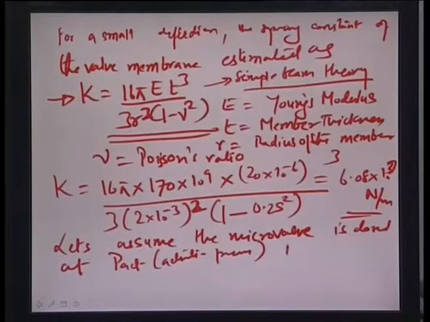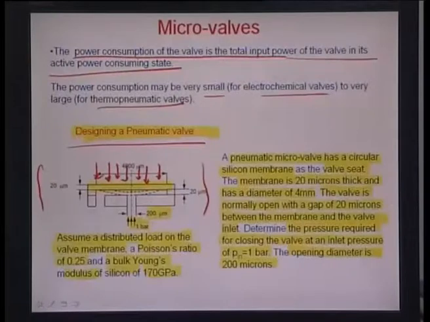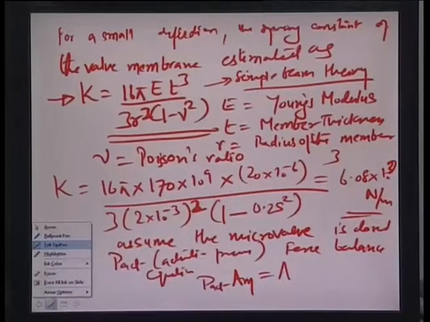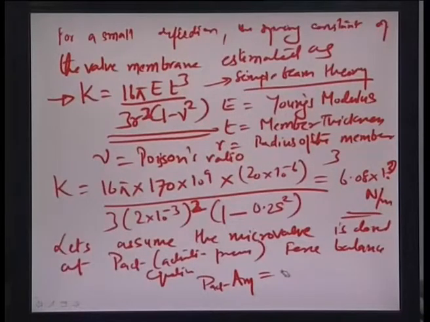So the force balance equation for this valve, because it is a distributed load, involves the actuation pressure, which acts from this side as you see here, this is the P actuation, and this is the P inlet. So you have P actuation times the area of the membrane on one side, and P inlet times the area of the open system on the other.